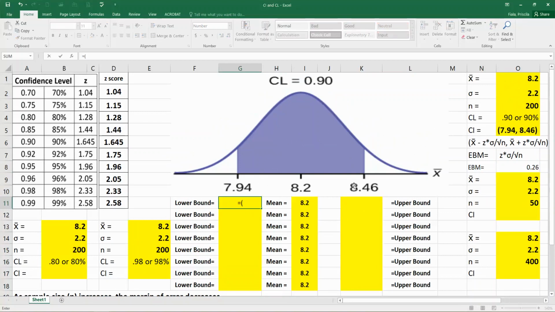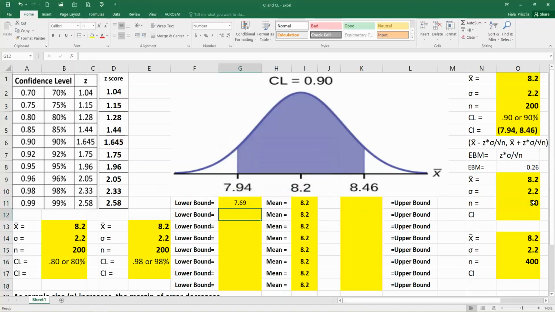So if you decrease your sample size, now we're gonna do the sample mean minus for the lower bound, doing this formula right here, my z-score, which is gonna remain 90% confidence interval, multiplied by my standard deviation divided by the square root of my sample size.